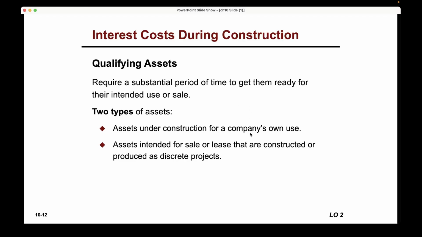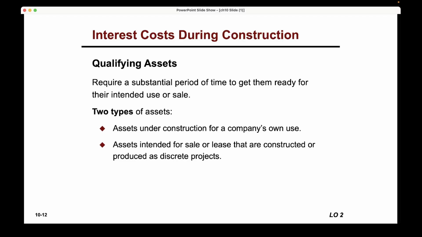And move on to the next one here, which is the asset intended for sale or lease that are constructed or produced as discrete projects. The example for this is a real estate developer constructing a building to sell or lease out, who can capitalize the interest cost during the construction period.